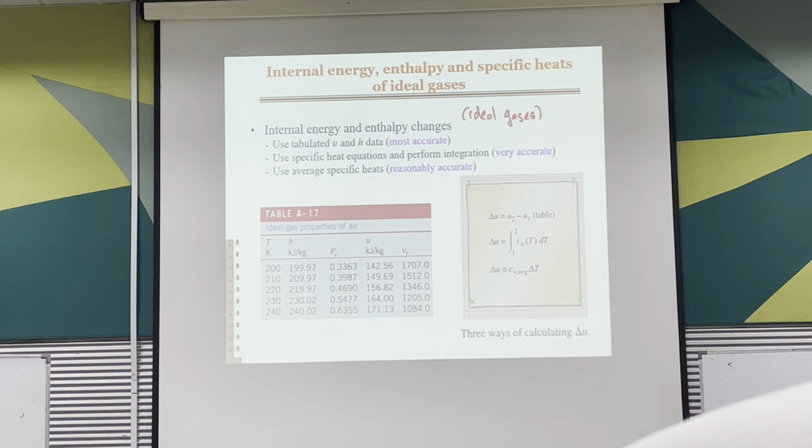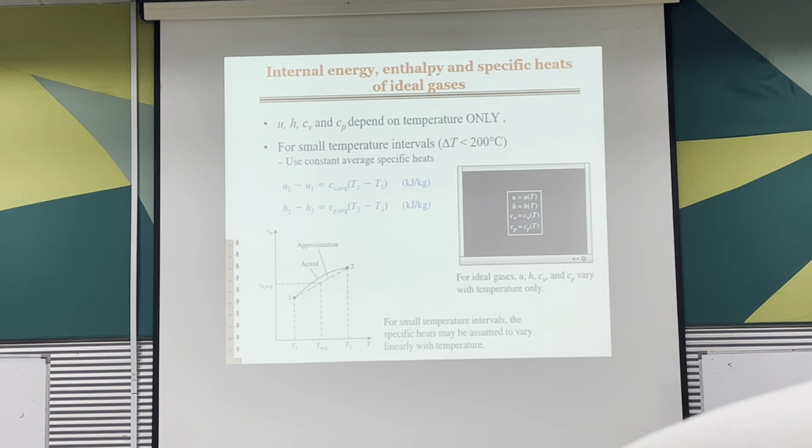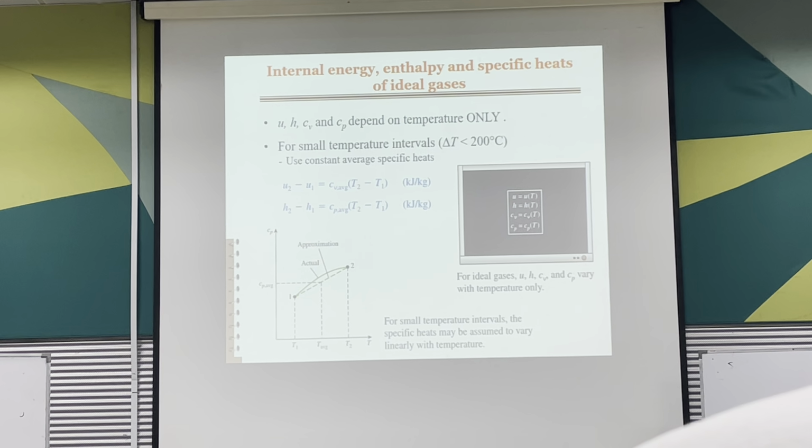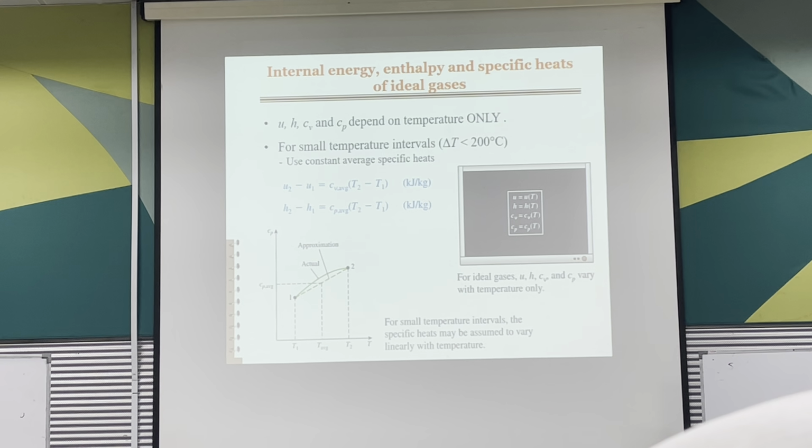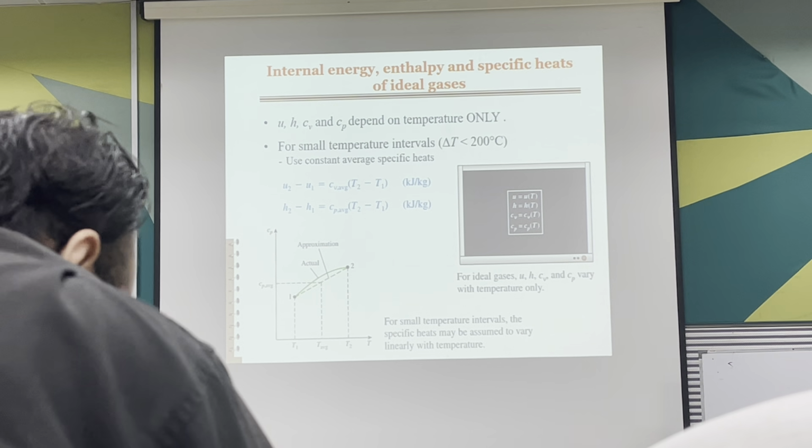Based on this example, this slide here, you should be able to notice that using Cp delta T or Cv delta T won't give you the exact value because we do have an approximation here, since Cp and Cv change with temperature depending on the process.